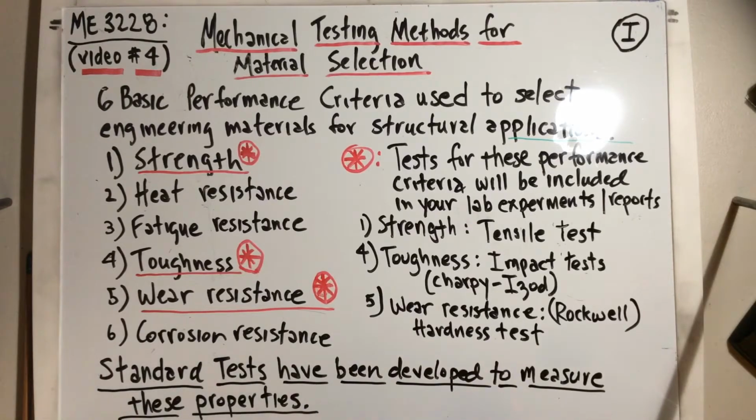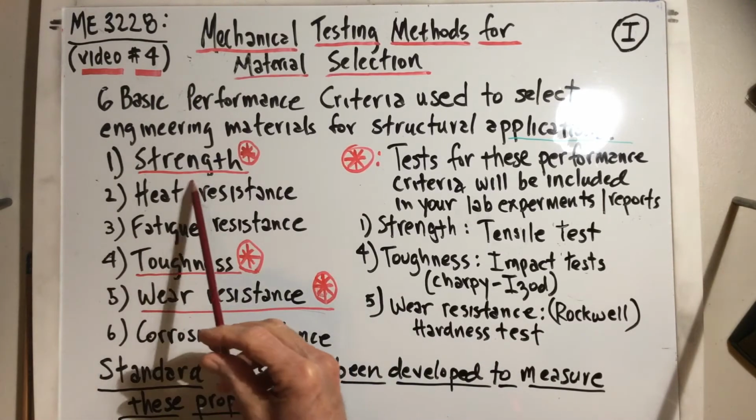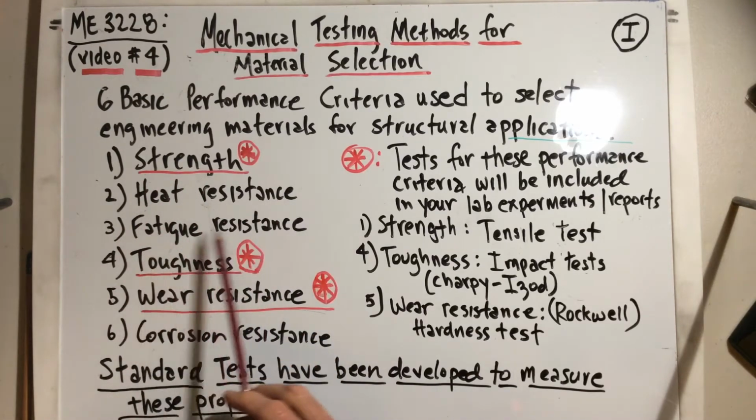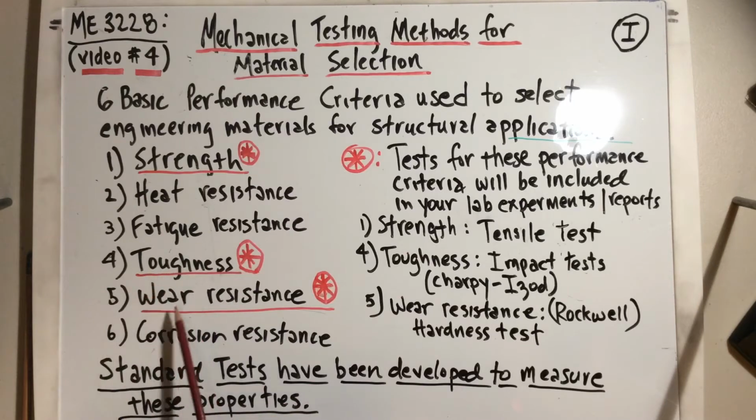They're in no particular order necessarily, but there is strength, there is heat resistance, fatigue resistance, toughness, wear resistance, and finally corrosion resistance. And it actually makes a good little outline for you anytime you're doing a mechanical component design for, again, structural applications.